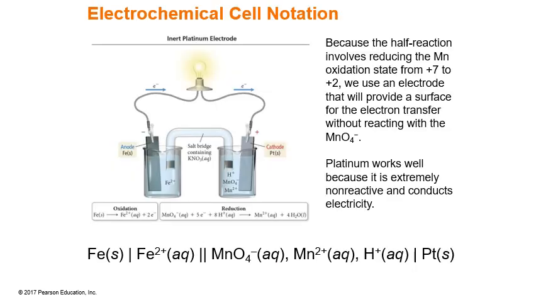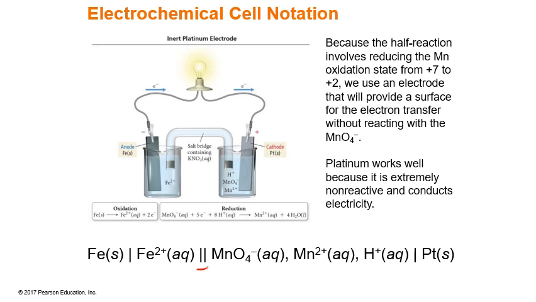So here's another example. This is a different electrochemical cell where our anode, which is the negative part, the electrons are flowing away from the anode. It starts out as the iron. It's in an iron 2+ solution. We've got a double line representing our salt bridge. And now we have a different case that we didn't see previously, where our reduction is actually happening in solution.